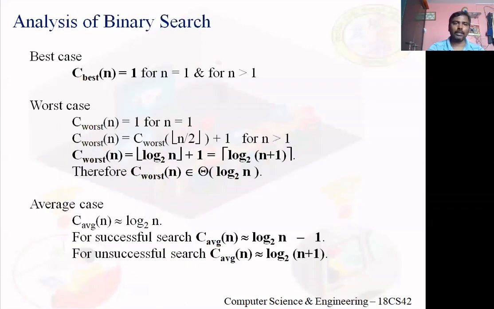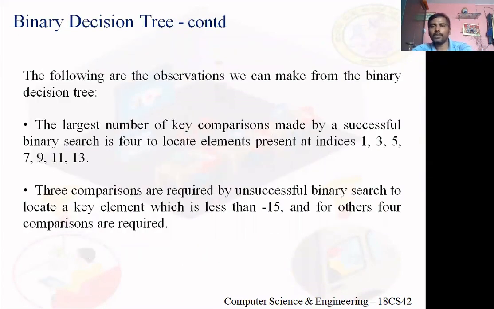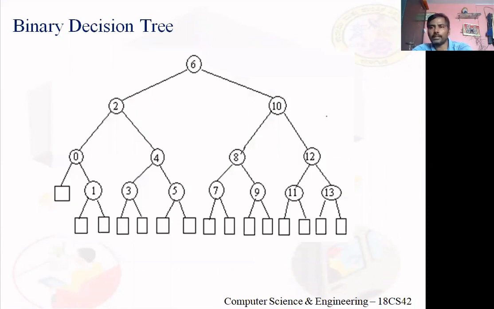Now coming to analysis, to wind up. For the best case, the key is the mid element, the root node. When I search for the element at index 6, it takes one comparison.